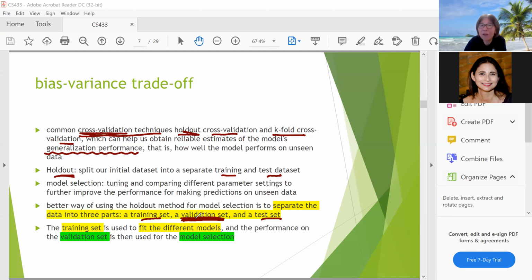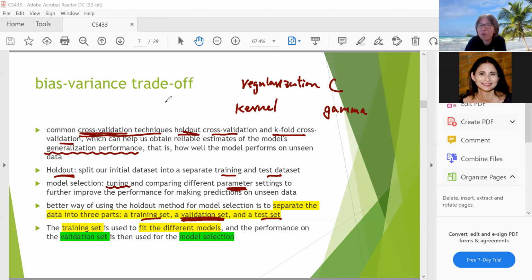And the validation is for what? If you recall previously, we needed to tune parameters, like regularization C, and for the kernel trick we also have gamma.